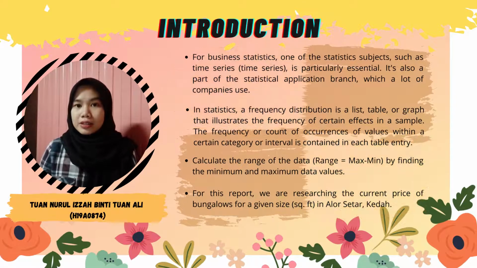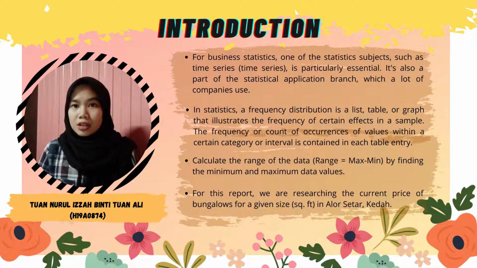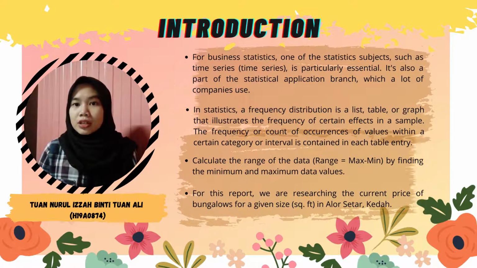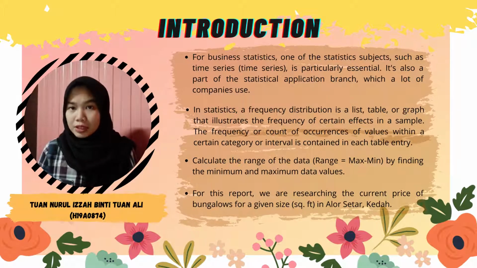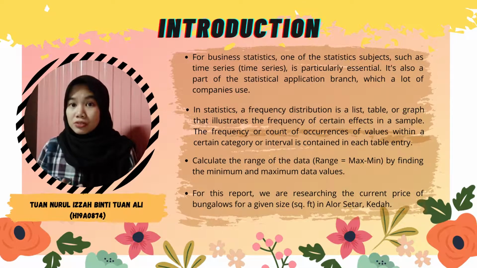Okay, next, in statistics, a frequency distribution is a table or graph that illustrates the frequency of certain events in a sample. The frequency, a count of values within a certain category or interval, is contained in each table entry.